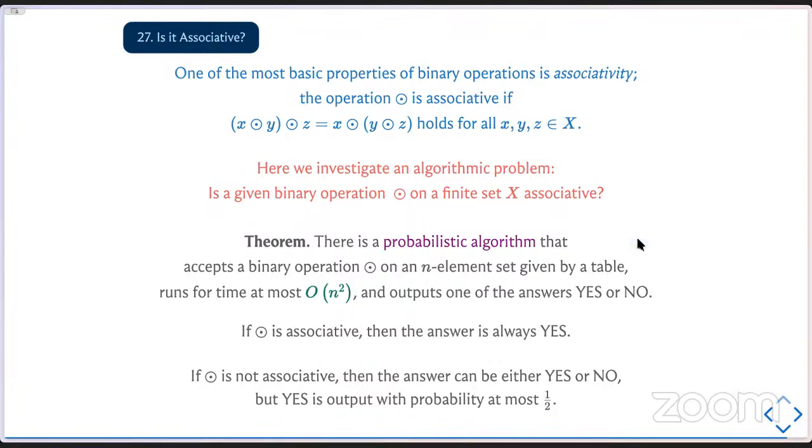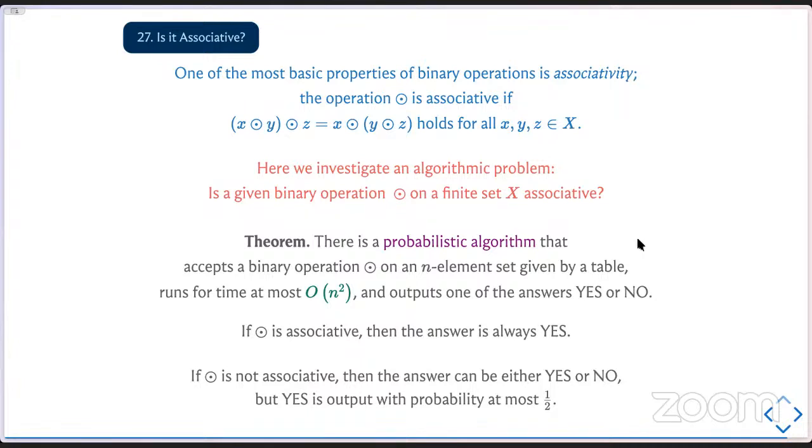So our goal is to come up with an n-squared algorithm, which is randomized and has one-sided error, meaning that it never says that an associative operation is not associative. But if the input is an operation that has a violation, then it may miss out on pointing this out, and that happens with probability at most half.